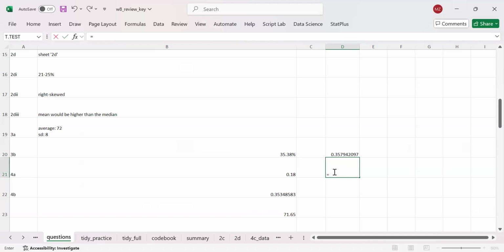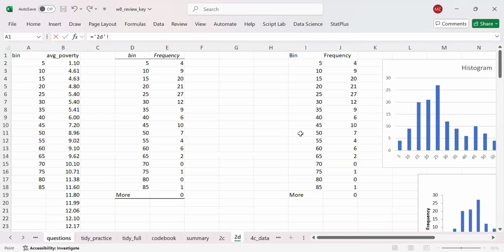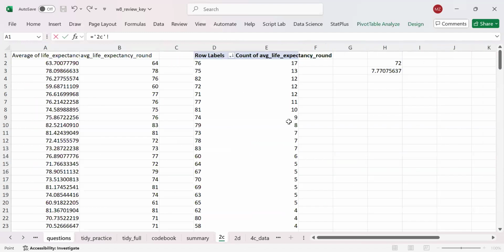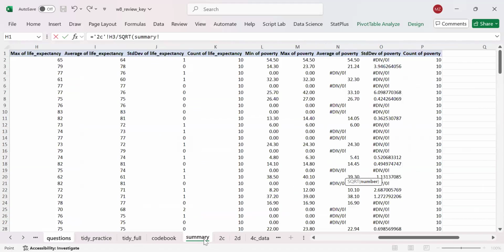In this case, we can pick the standard deviation from what we calculated here, divided by the square root of the total count that we had.